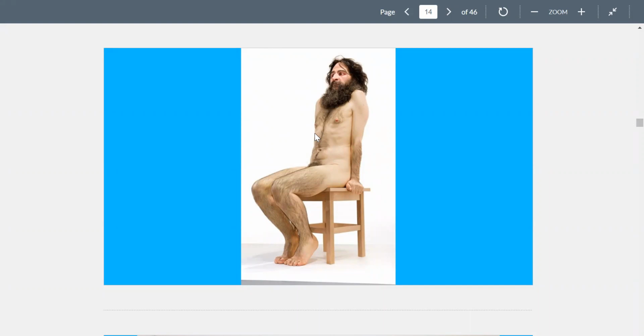This is called hyper-realistic sculpture, done by Ron Mueck, an Australian sculptor. You see, this is like the realistic sculpture that we talked about in the previous lecture about naturalism. So it's like creating the actual figure in 3D.